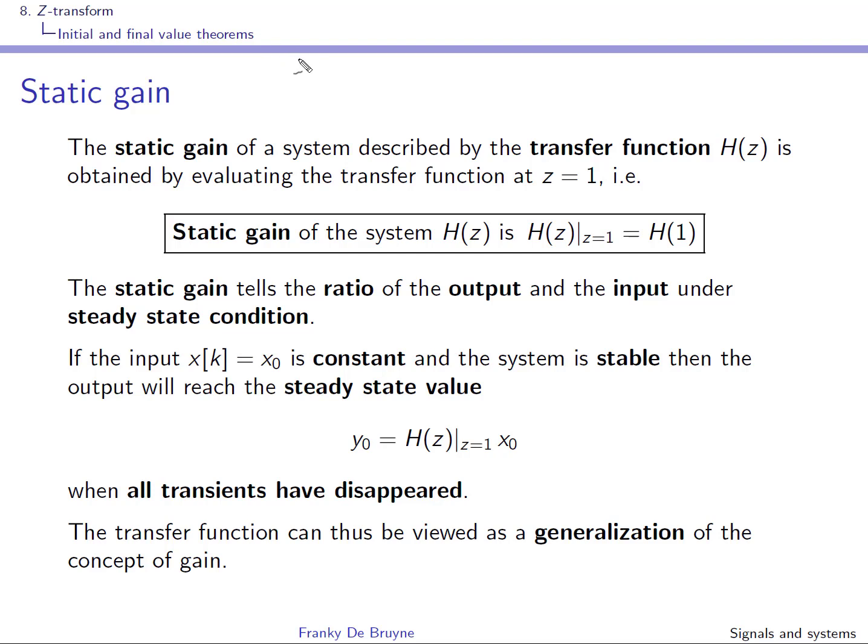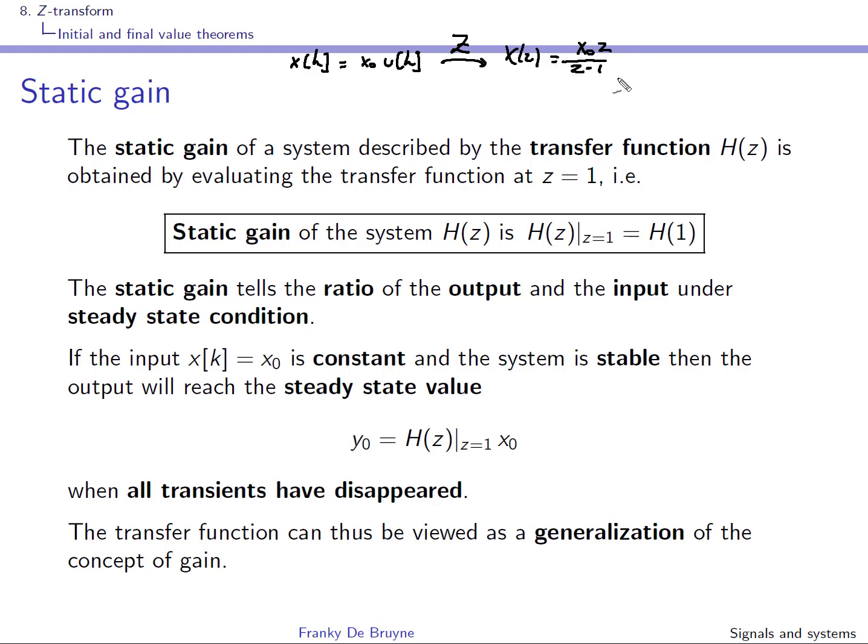So let us assume that we have at the input of the system an input x0 u of k. So it's a step of amplitude x0, then x of z, if you take the z transform, will be x0 z over z minus 1.